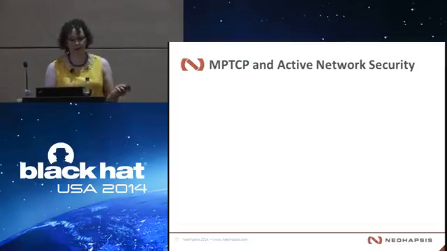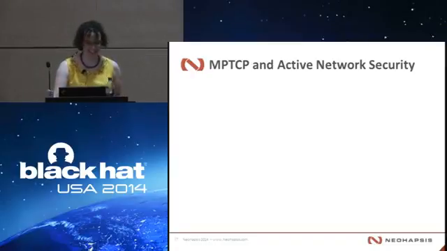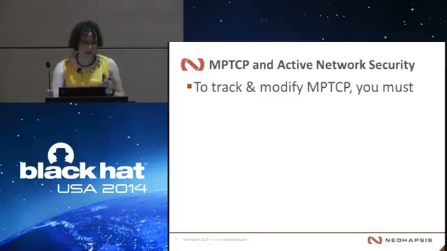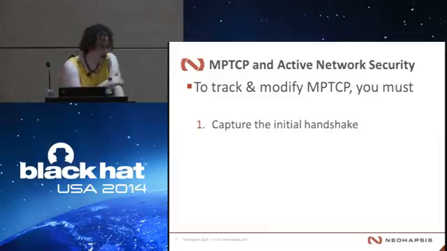But it also affects your active network security, your actual IPS, as well as your IDS. To track and modify multipath TCP, some things you have to do that are far more complex than a TCP connection are: capture the handshake, where it first sends across some authentication data. That's used throughout the rest of the connection to verify things.